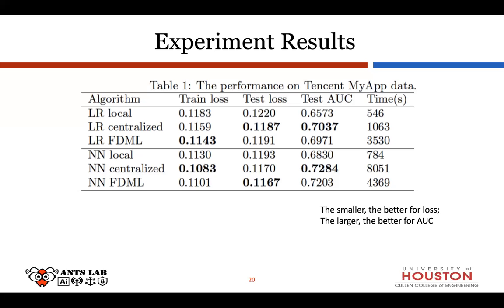Because here the features are distributed among all the workers, so we cannot use the traditional federated learning method to train it. For example, party 1 cannot access the features of party 2. So they cannot use the data parallel-based architecture. They can only use the feature distributed machine learning model.